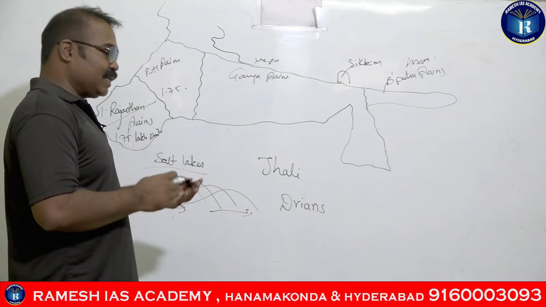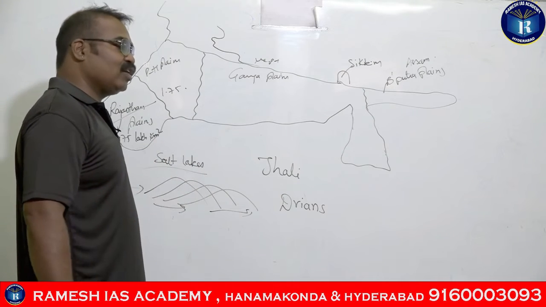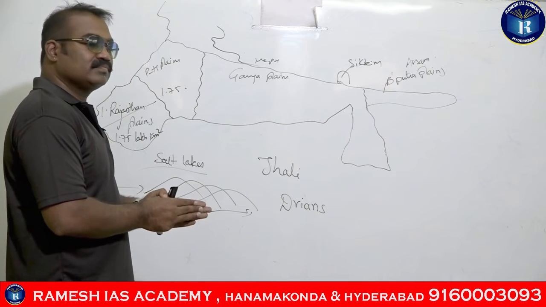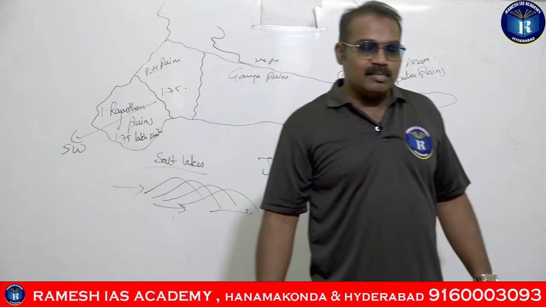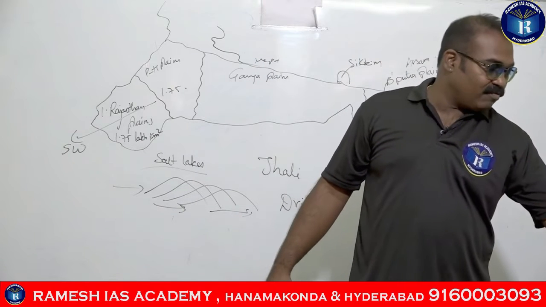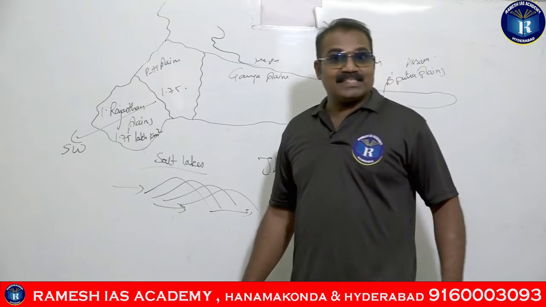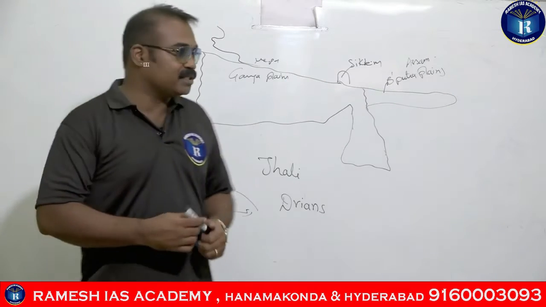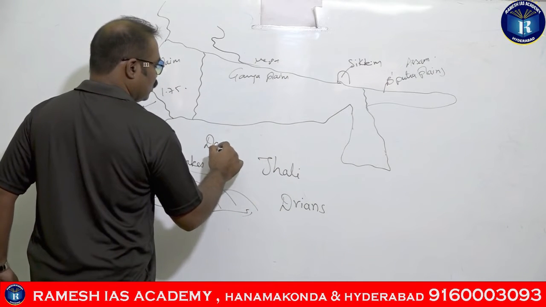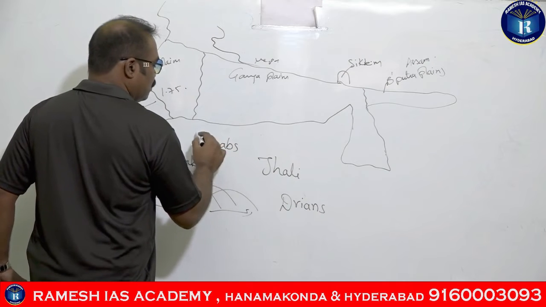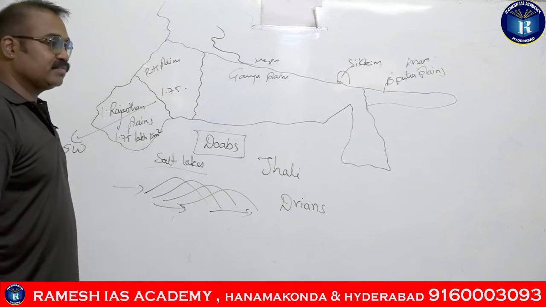They occupy the same area, 1.75 lakh square kilometers, and these plains are made up of doabs.